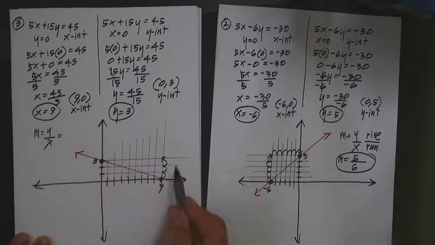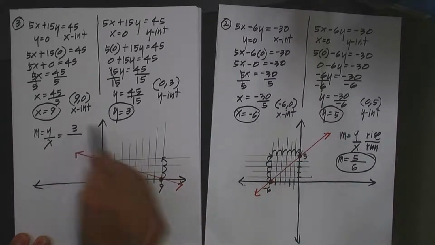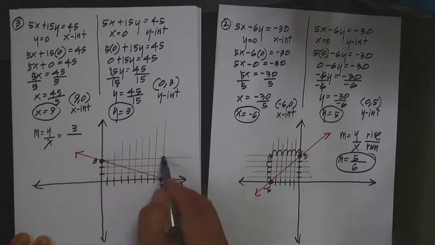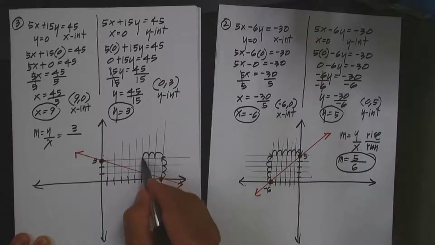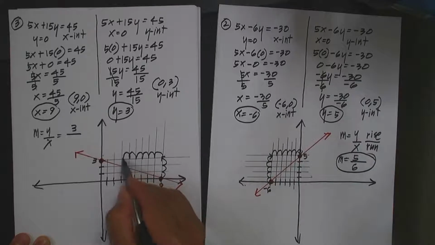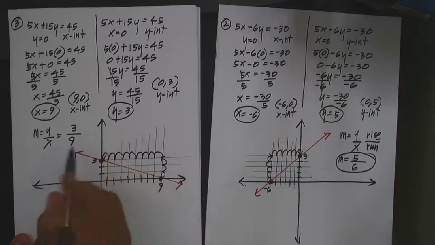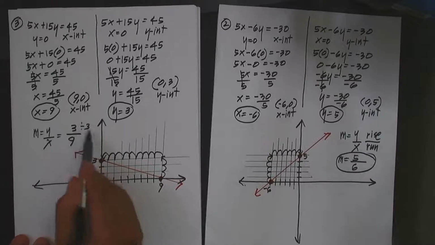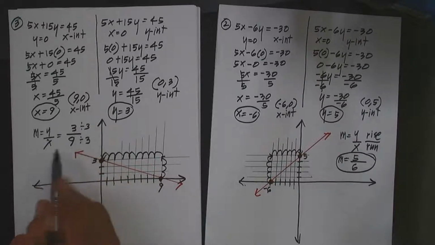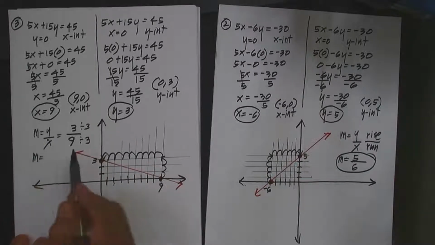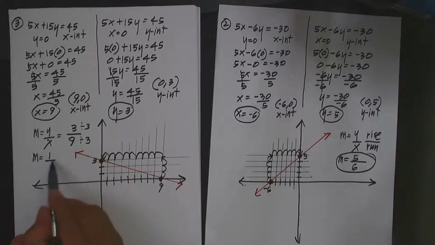So this is 3. And then from this point heading that way, 1, 2, 3, 4, 5, 6, 7, 8, 9. So you have 9. And then you can simplify that one by dividing by 3 on both sides, right? So you ended up with m is equals to 1/3.